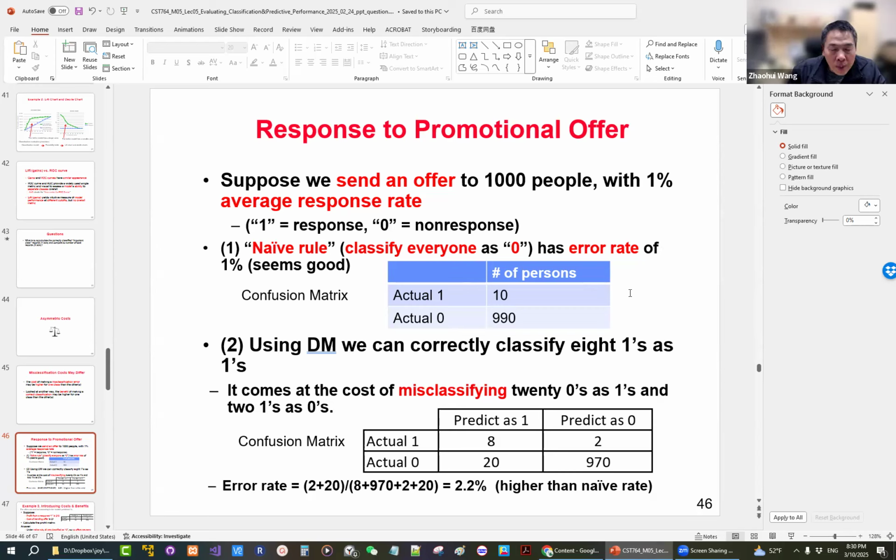The naive rule is the strategy to treat every class the same. Every case has the same possibility, so it will classify everyone as 0. That means nobody will respond, and the 1% will be the error rate for the naive rule.